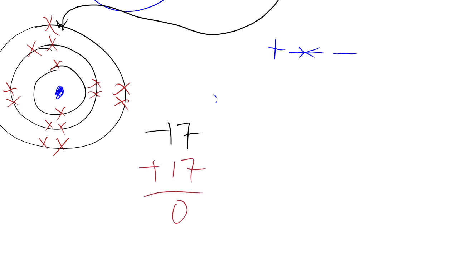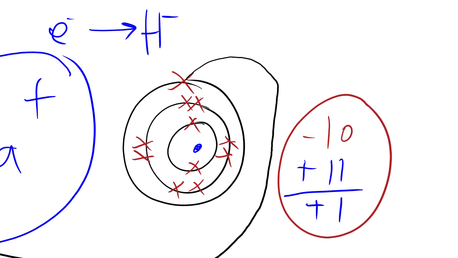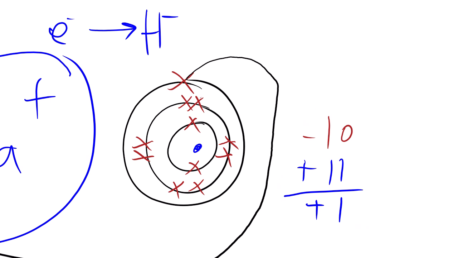Now it gains 1 electron here, which will make the number of electrons 18. This will cause our calculation to end off with negative. We have -1. And this sodium, as we did in this calculation, when you remove 1 electron, the net charge will be +1.